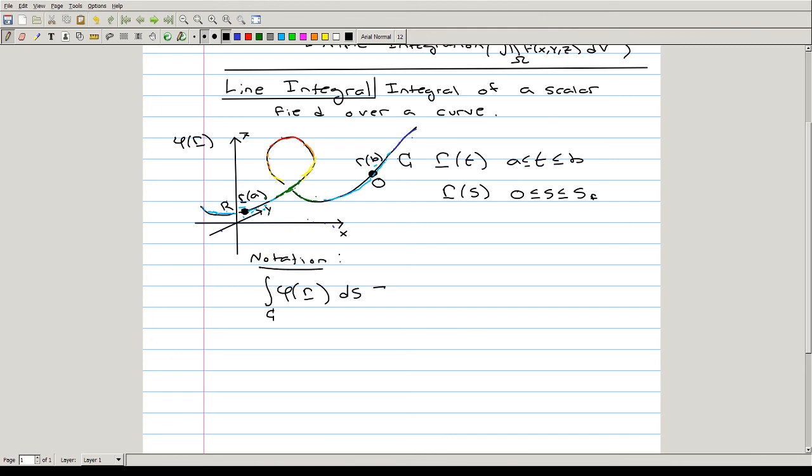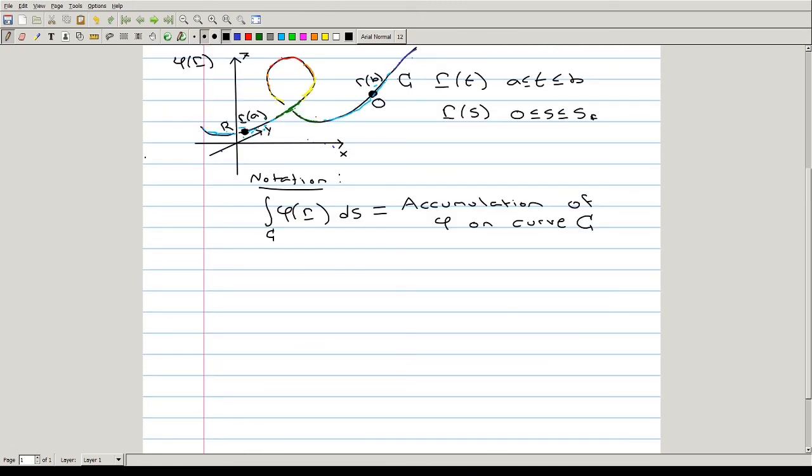And just like for the integral of a scalar function of a single variable, we want this to mean something very specific. It's going to mean the accumulation of the scalar function phi on the curve C. And so let's go through and see how to define this.